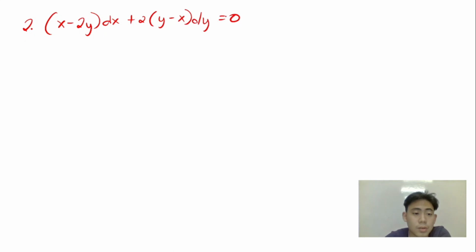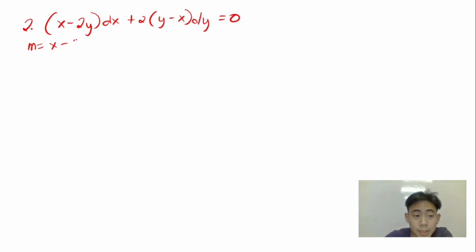So, for number 2, if you have x minus 2y dx plus 2 times y minus x dy is equal to 0. First, you need to identify which is m. Ano nga bang m natin?